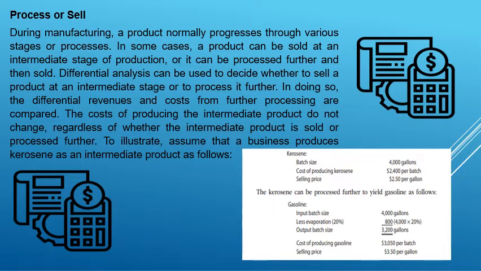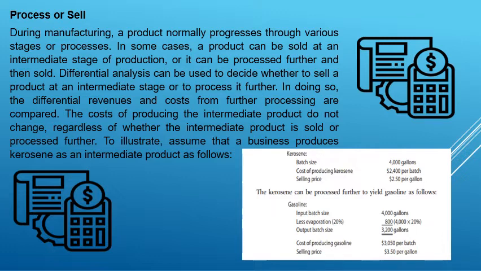So the costs of producing the immediate product do not change, regardless of whether the immediate product is sold or processed further. So we have here an illustration below, assuming that the company produces kerosene as an immediate product. So we have here the data.